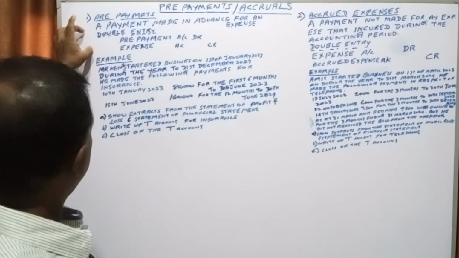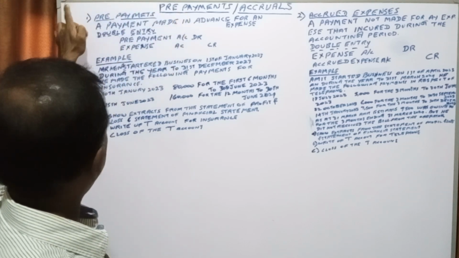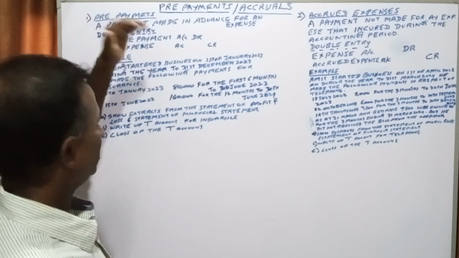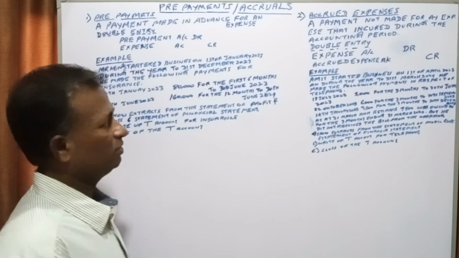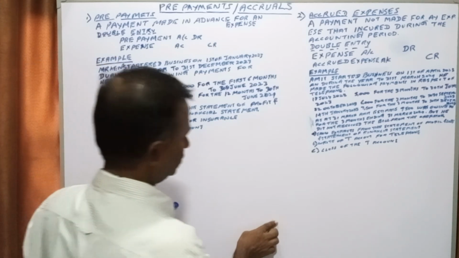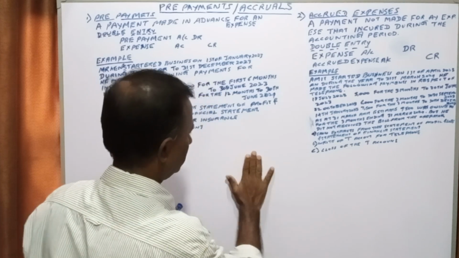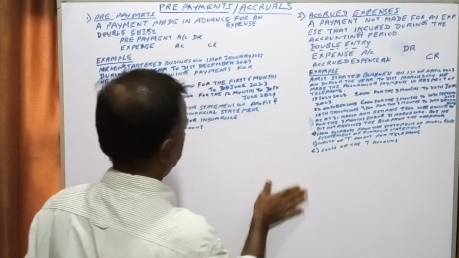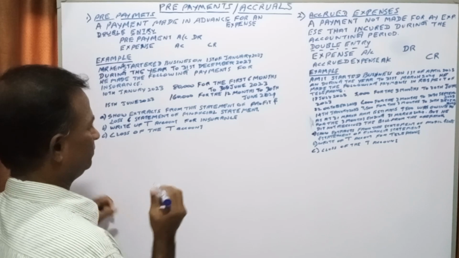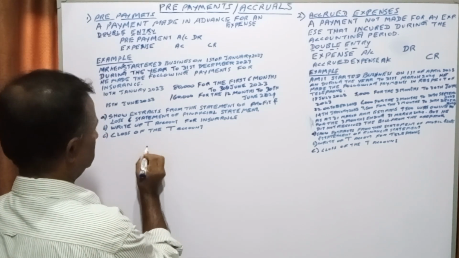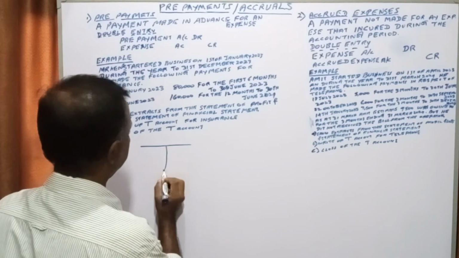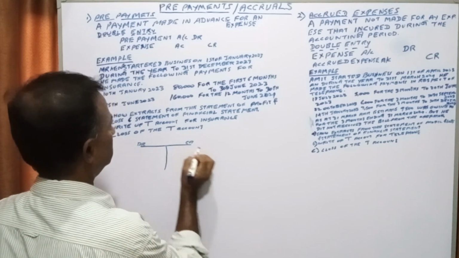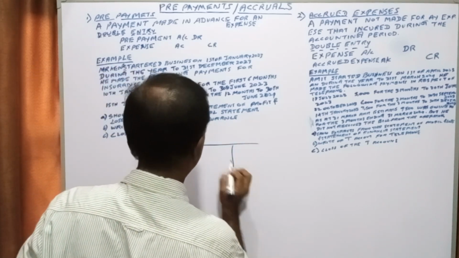For this, I will provide an example of why the prepayment account is debited and why the expenses account is credited. I will open T accounts, and from that you can understand why. Here you will say debit and credit.